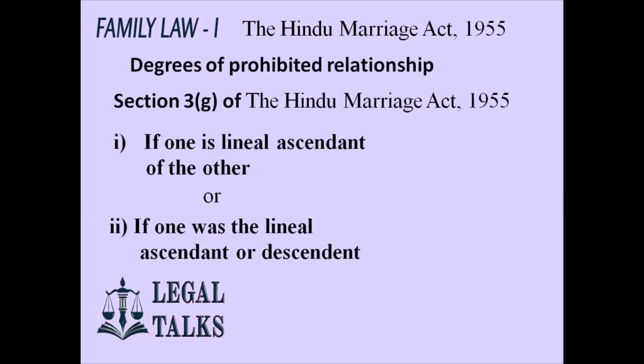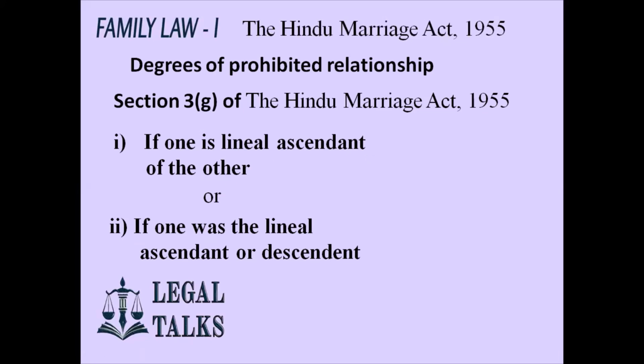So, degrees of prohibited relationship. Section 3(g) of Hindu Marriage Act 1955 lays down four rules that talk about degrees of prohibited relationship. So first one says, if one is a lineal ascendant of the other, lineal ascent in the sense downside.